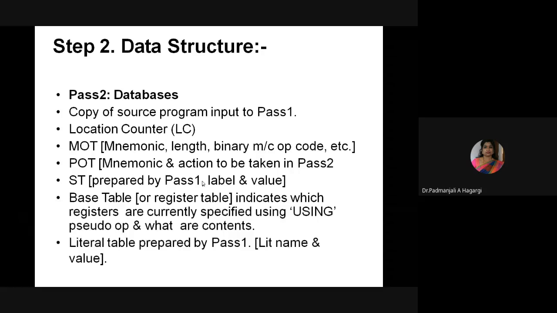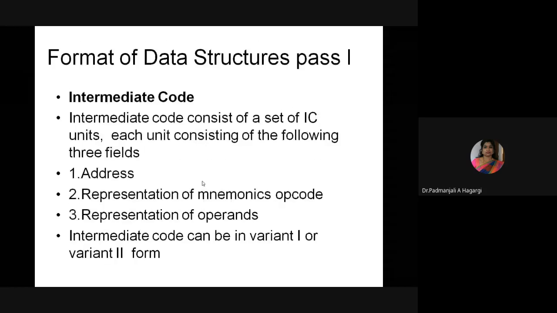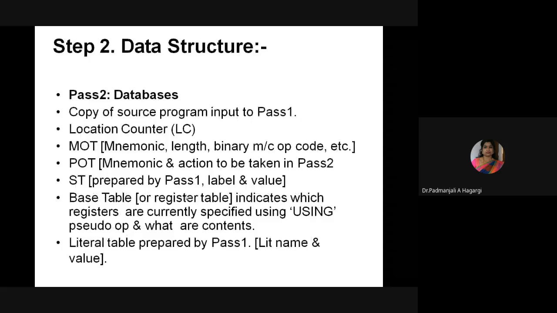In step 2 of the databases, it is all about the database executions, their length, the mnemonic operation code, and the pseudocode, and table 1 and table 2 values are indicated, along with the base table and the literal table.